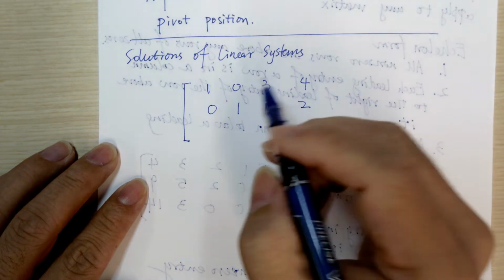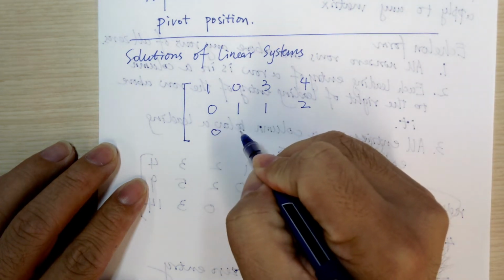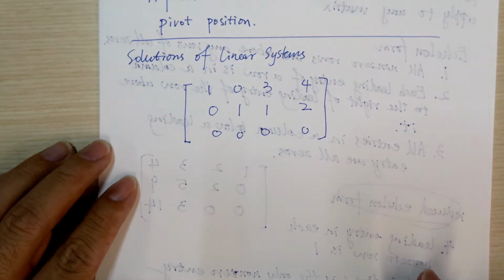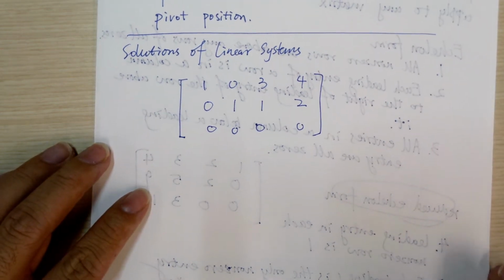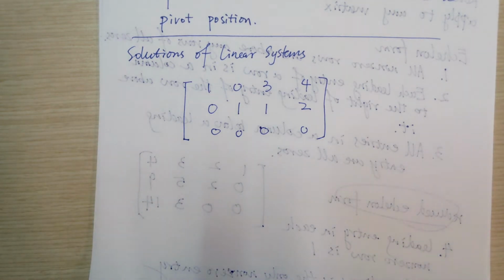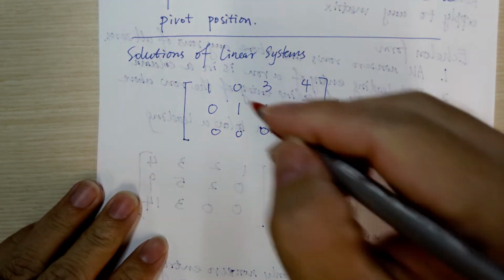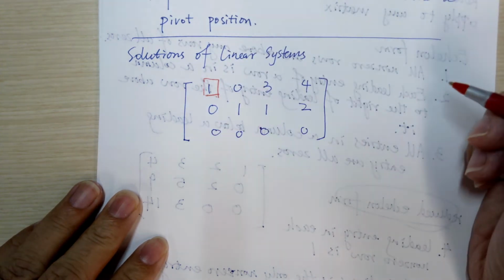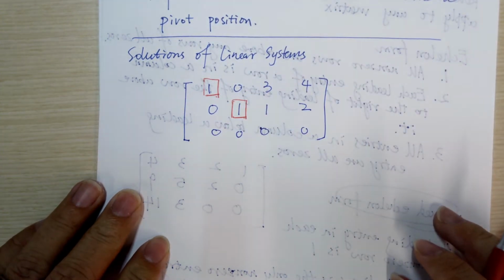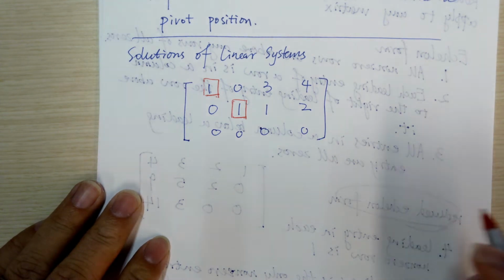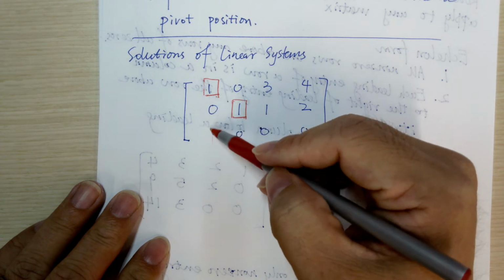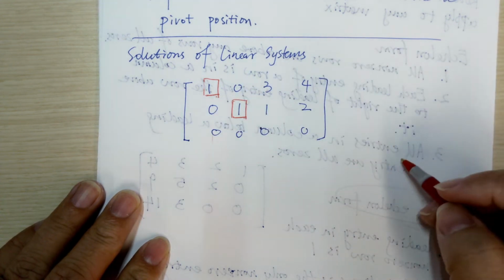And then 0, 0, 0, 0, okay? So as you can see here, this is one pivot position, right? And this is another pivot position, okay? Correspondingly, this is one pivot column. This is another pivot column.